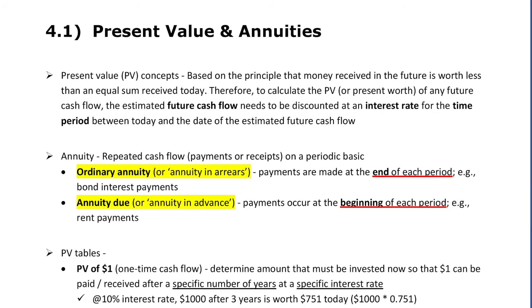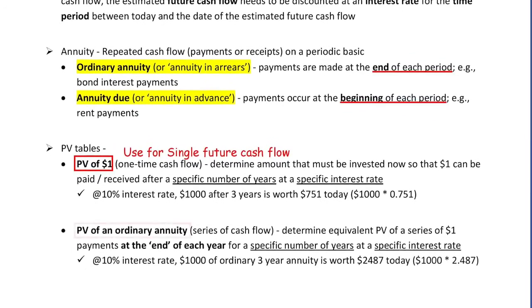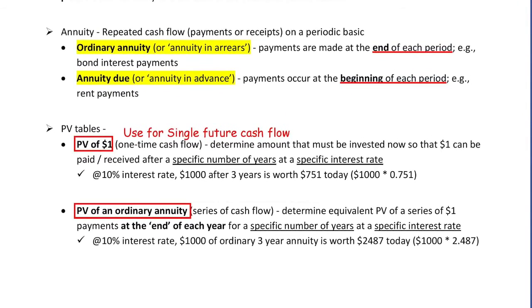Then looking at the present value tables, put a box around present value of $1 and write use for single future cash flow. Then put a box around present value of an ordinary annuity and write use for stream of future cash flows.